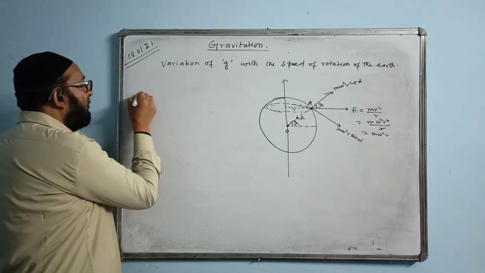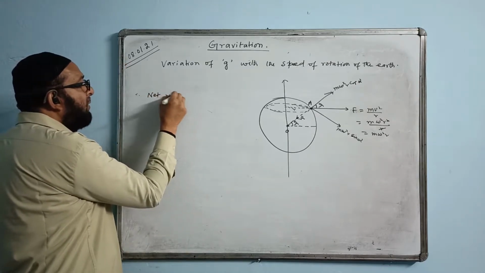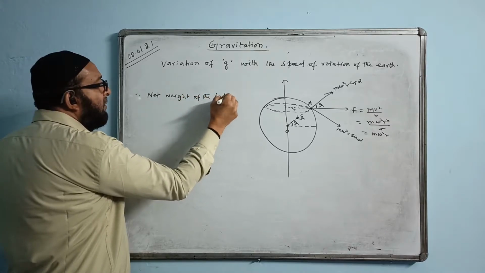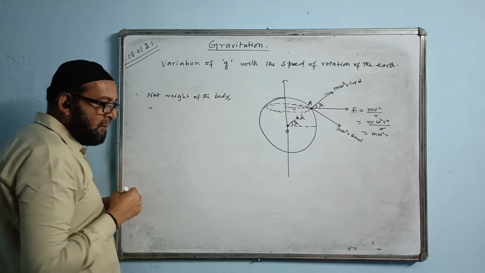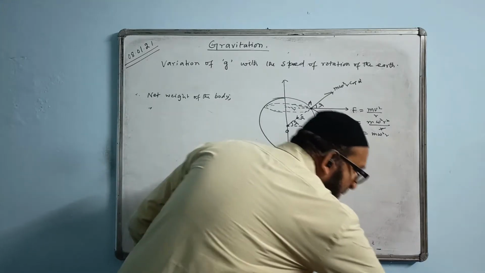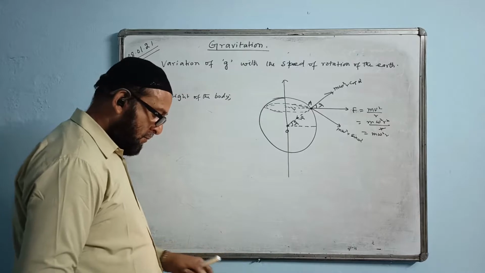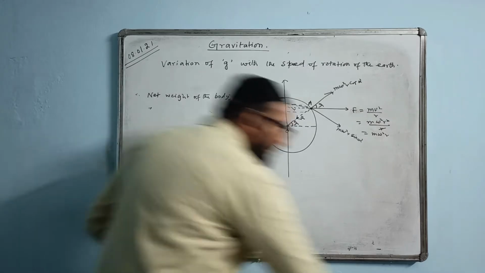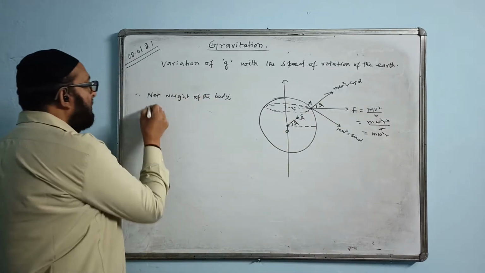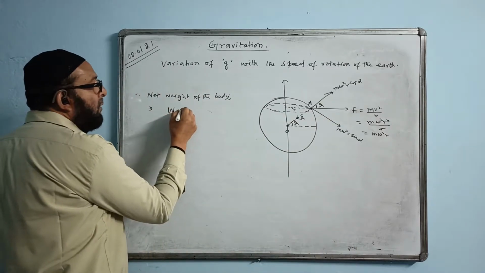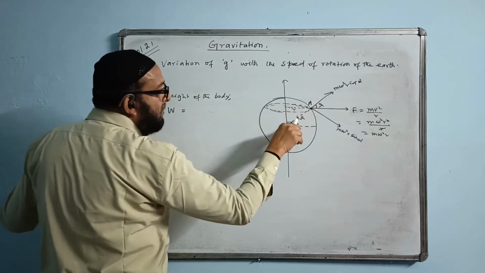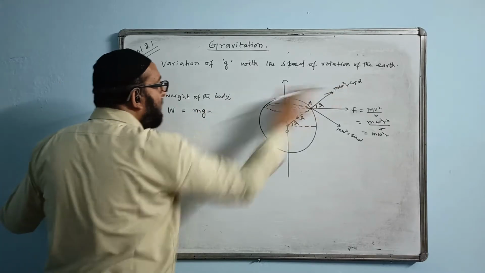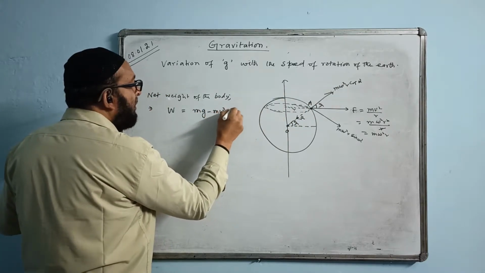The net weight of the body W is equal to the actual weight, that is mg, minus this component, minus m omega squared r cos lambda.